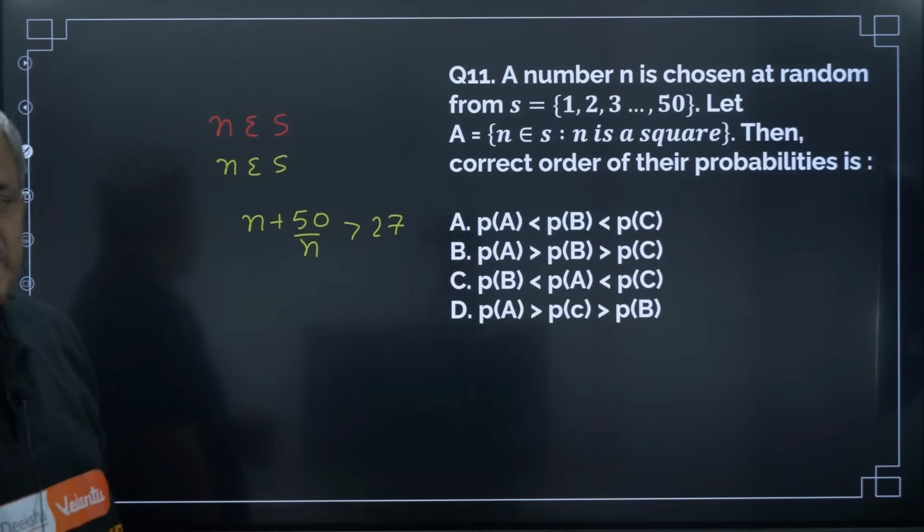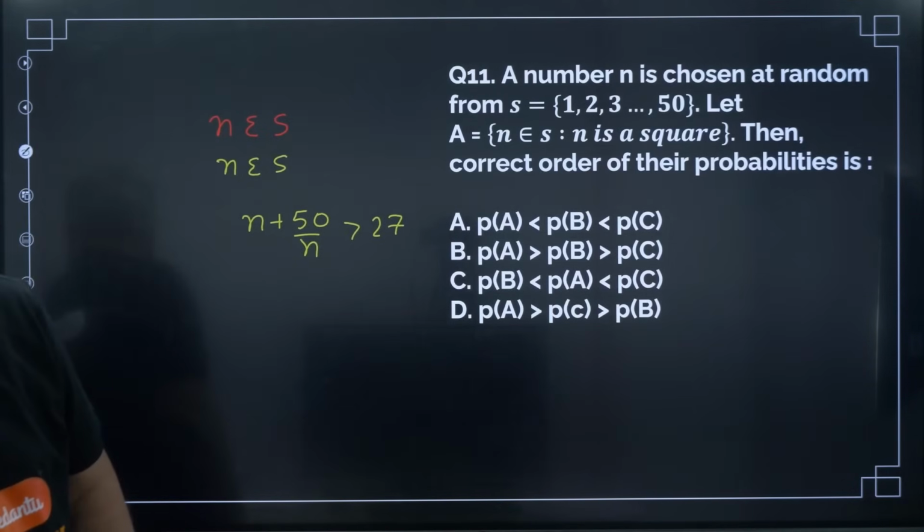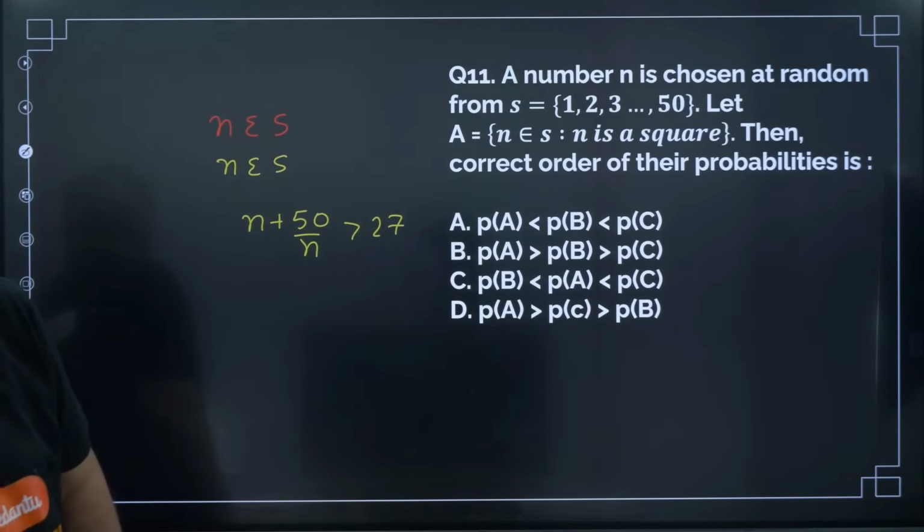Okay, n plus 50 by n is greater than 27. This is set A.